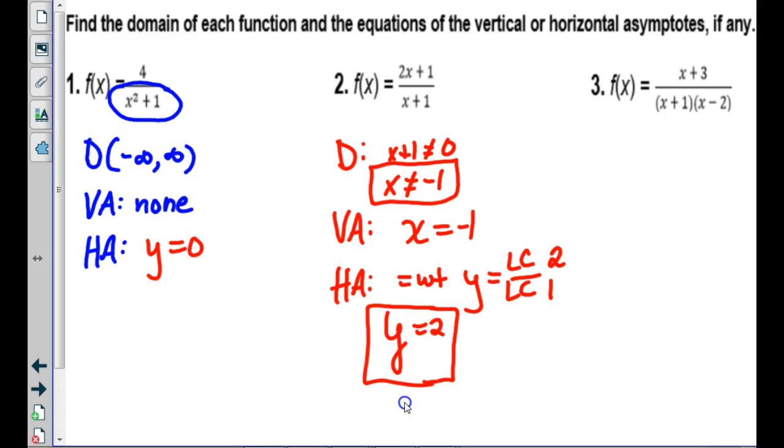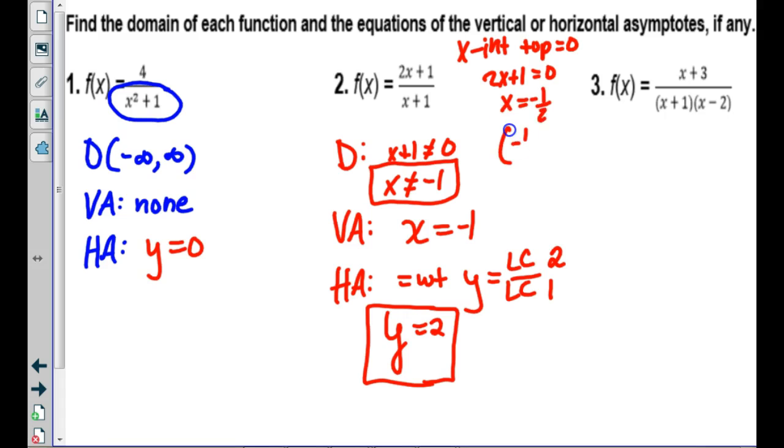Do you want me to talk about intercepts real quick? Yes, they are. X-intercept is when the y equals 0, so the top equals 0. What would make the top 0? 2x plus 1 equals 0 would be -1/2.